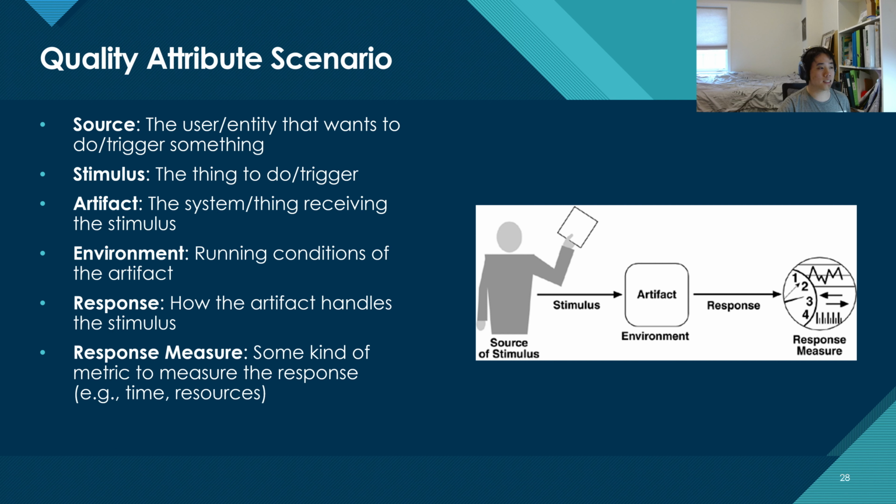The artifact is the system that's going to receive this stimulus, and the environment details the condition it's in. The response is how the system will respond. This indicates the way the artifact is going to handle the stimulus. And finally, we're gonna measure this response using a response measure. It could be some kind of metric like time and the resources used to handle the stimulus.